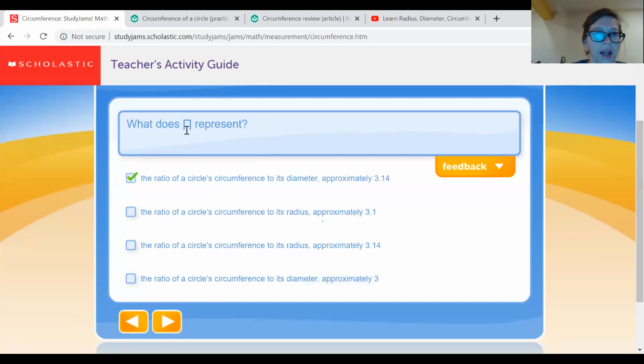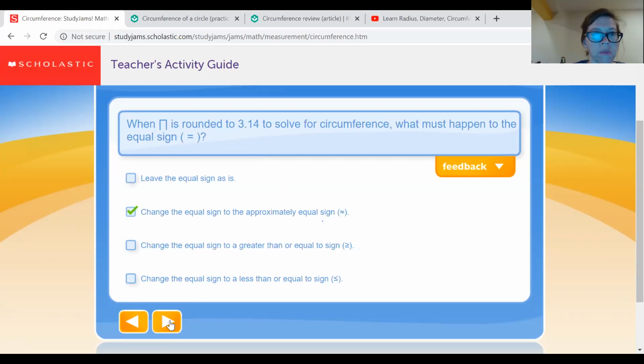All right, what does pi represent? It is A, the ratio of a circle's circumference to its diameter, which is approximately 3.14. When pi is rounded to 3.14, to solve for circumference, what must happen to the equal signs?